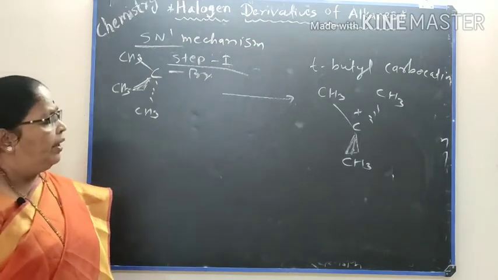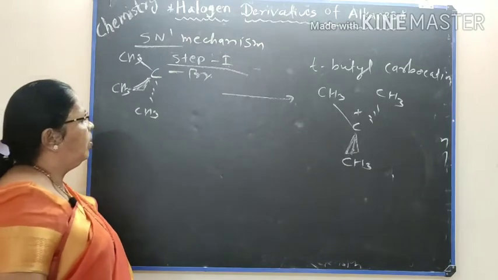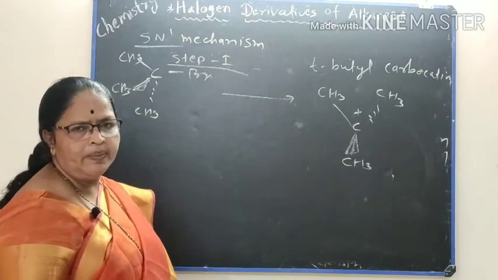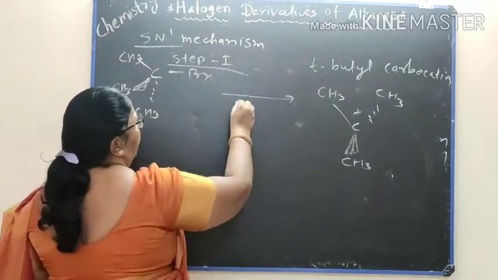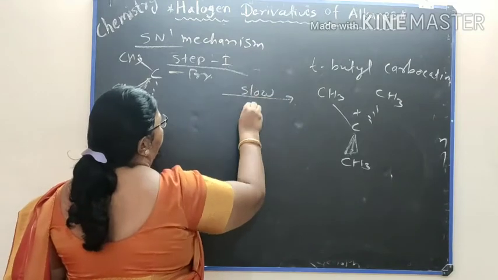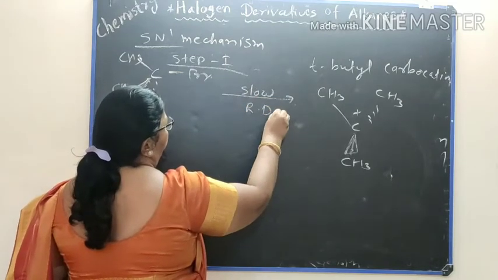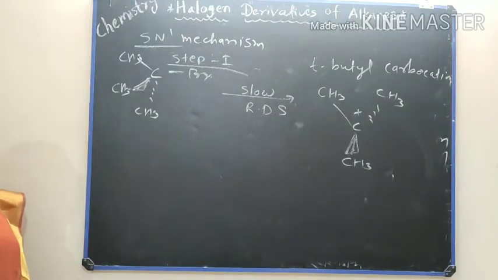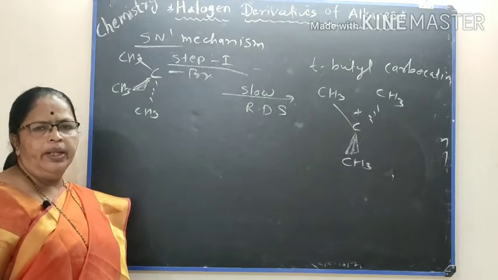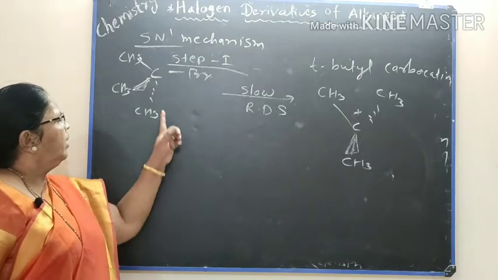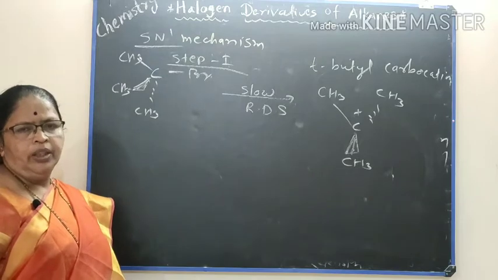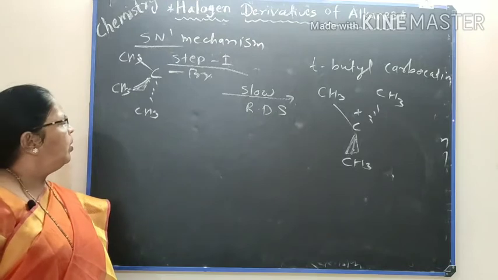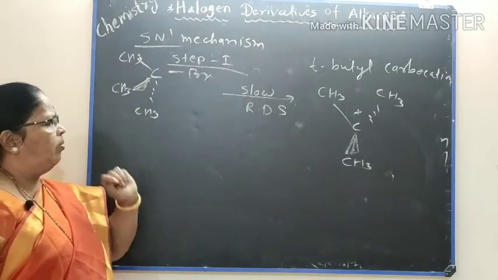Due to that, the Br totally breaks, that is heterolysis takes place, and this reaction is a slow and rate determining step. The bond C-Br breaks due to the negative inductive effect of the C-Br bond and the positive effect of the C-CH3 bond.